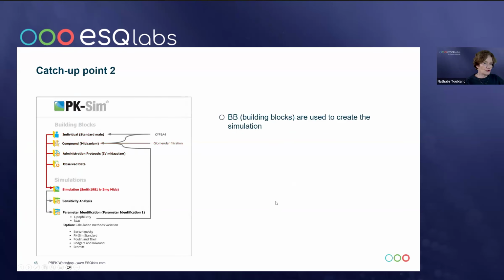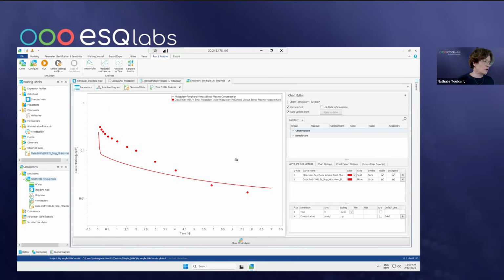So we're on capture point 2. Just as a reminder, but I hope that everyone got it by now, building blocks are used to create the simulation. And again, if you've got more than one building block for the different components, then you can choose the one that you want to use in the simulation.